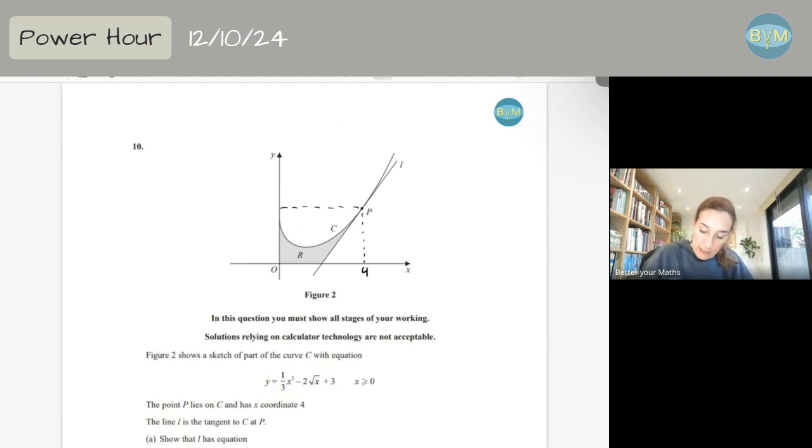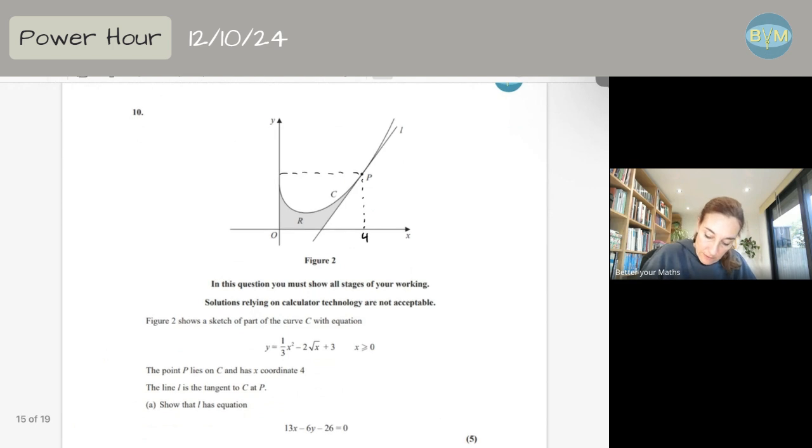When x is 4, the y is going to be 1/3 times 4 squared minus 2 root 4 plus 3. And this is 13/3. So this is the y of point P.